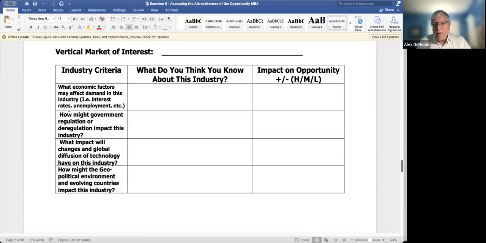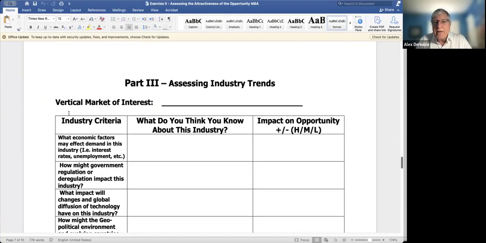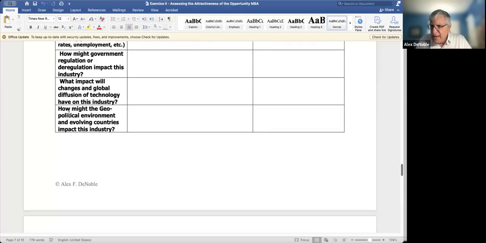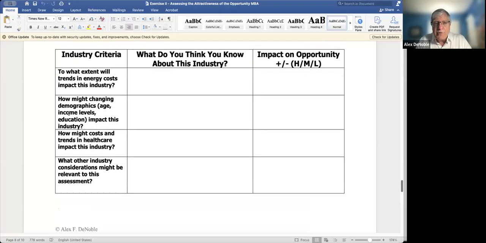Are there any government regulation or deregulation in certain areas that can either hinder or create an opportunity? What impact will changes and global diffusion of technology have on your industry? These are all industry trends that could affect the viability of your business opportunity.